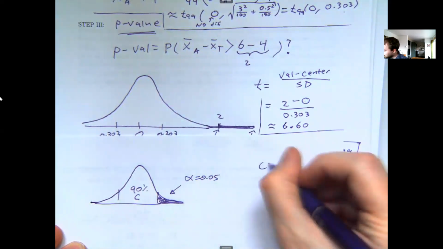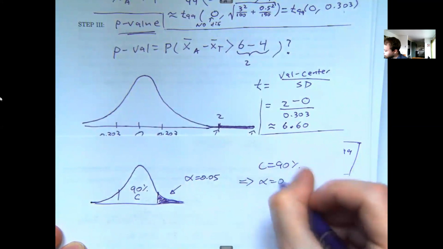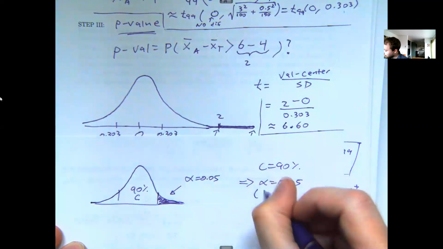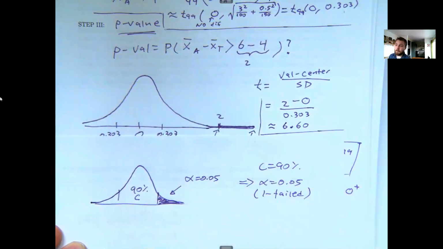So if I want to be 90% confident, that's the same thing as using an alpha level of 5% if I'm doing a one-tailed test. Just as a note, if this was a two-tailed test, it would be the size of both of those tails together. A two-tailed test would have an alpha of 10%.